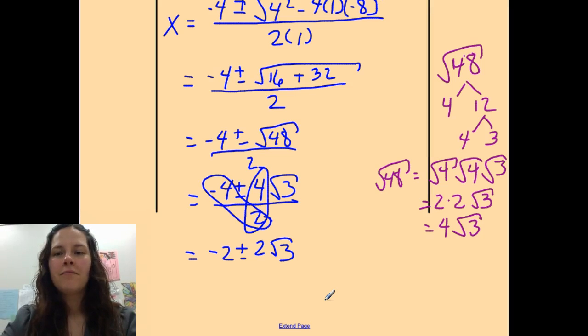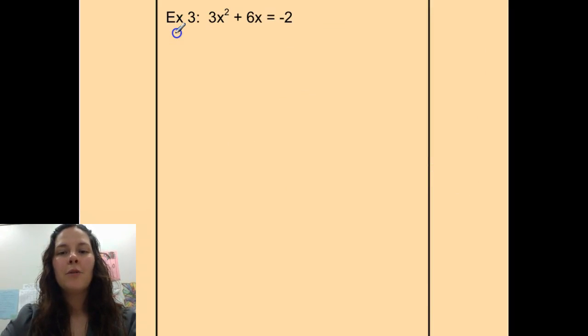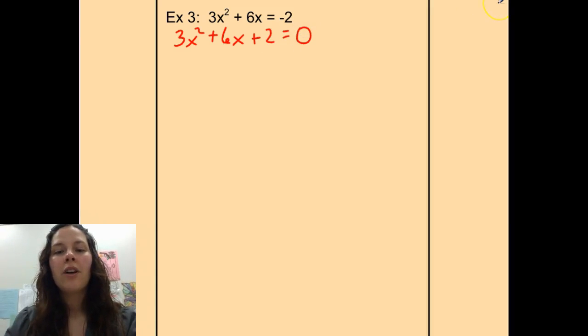Example 3, similar to the last one, we have to get it equal to 0. So I'm going to add that 2 to both sides. In this case, we have a coefficient of 3 on our x squared term that I can't divide out of every term. This one might factor, but you don't know how to do that just yet. So we have to use quadratic formula to solve this one.